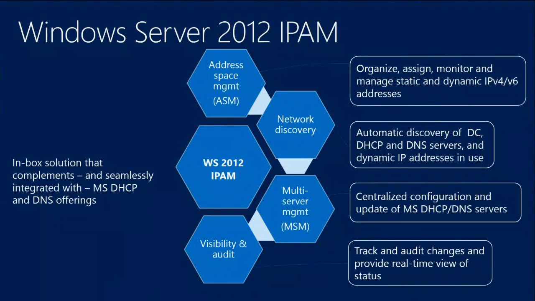So we have tried to ease the deployment hurdle that an admin faces. Not only does it discover DNS and DHCP servers, all the existing configuration on those servers, so existing DHCP scopes and DNS zones, are discovered by IPAM, populated into the IPAM database and presented to the IPAM administrator.